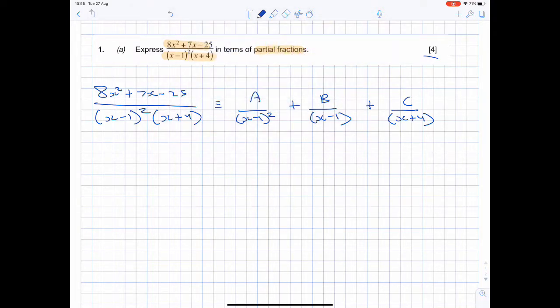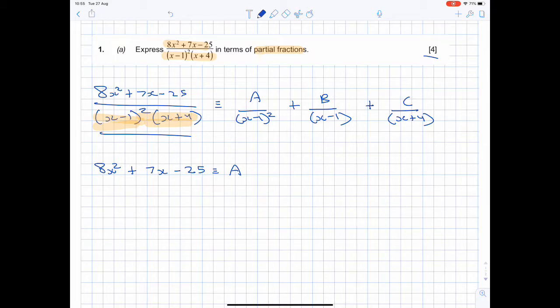For our second step, we're going to times through by the denominator, so we're going to times through by (x minus 1) squared, (x plus 4). On the left hand side, we're just left with 8x squared plus 7x minus 25.